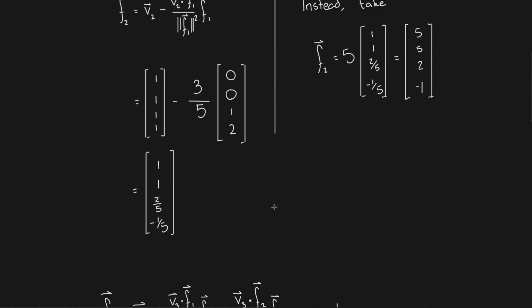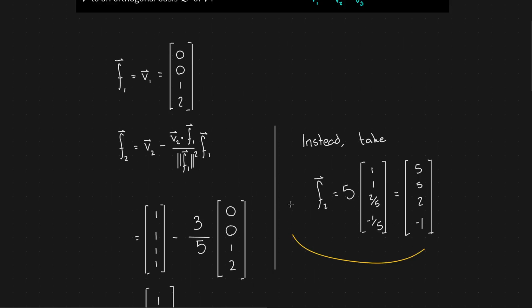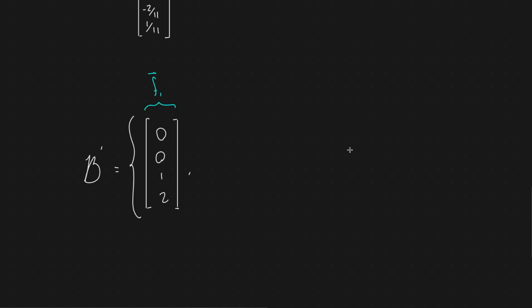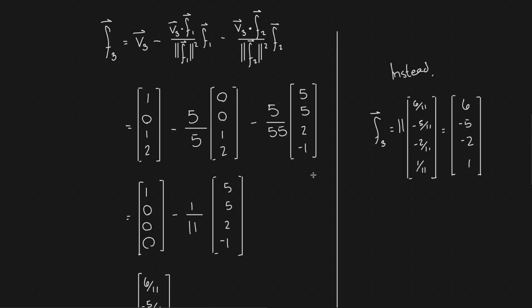And then the F2 that I chose was this one here, which is 5, 5, 2, negative 1. And F3, I took 6, negative 5, negative 2, 1.